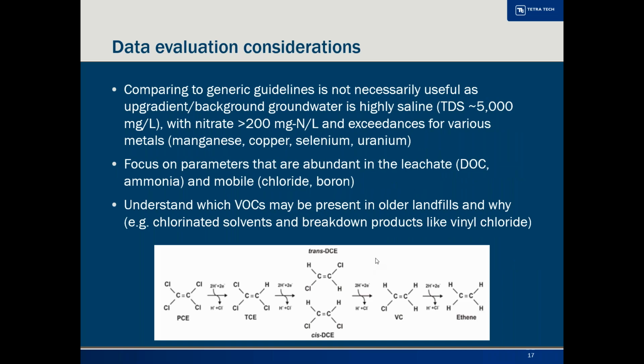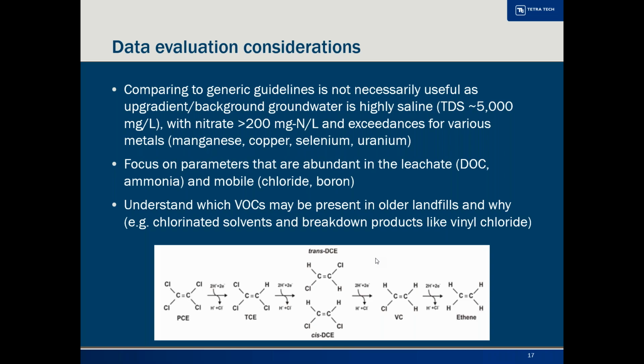When you evaluate the data, and this is part of the whole holistic look at things, you need to of course look at generic guidelines like the Alberta Tier 1. But it's really for this site not that useful because the upgradient groundwater is already highly saline.